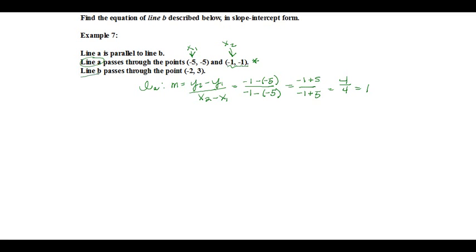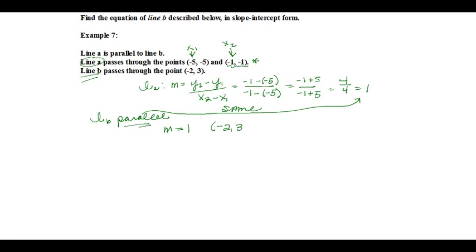We, however, need to find line B. So if I look at line B, it is parallel. Okay, and what does parallel mean? It means that it's going to have the same slope. Okay, so line B is parallel, that means it has the same slope, so its m is also 1, okay, and we're using the point (-2, 3).